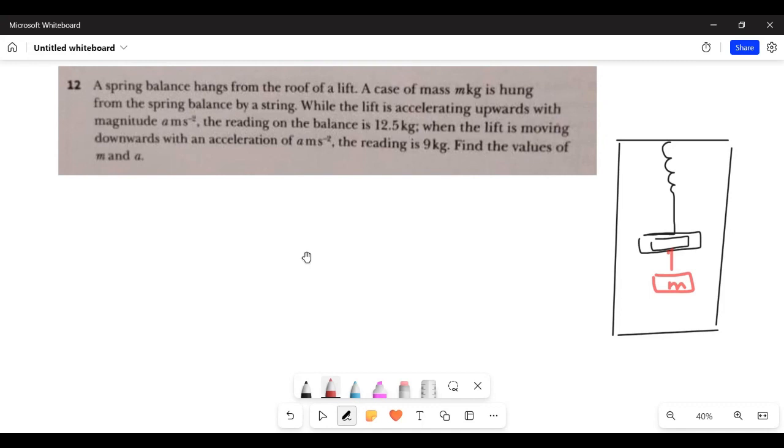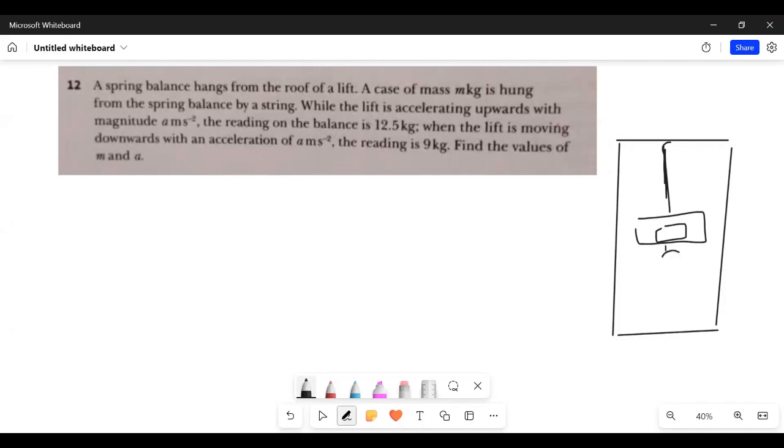Okay, so let me just redraw this. There is some machine which measures the weight, the normal contact force, of the object it's carrying.